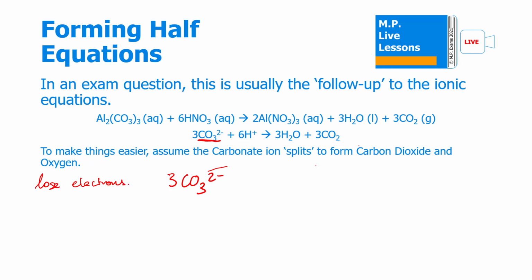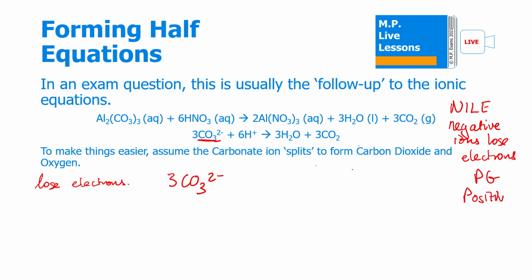So for this, you can just remember things like NILE, which is negative ions lose electrons, and PG, so positive gain. So in this case, this negative ion will lose electrons, so we'll write the electrons on the other side.